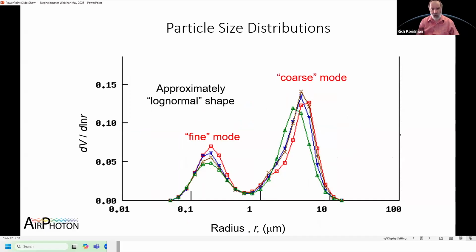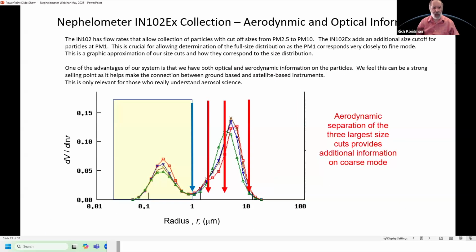What's nice about this is that if you have a size cut at PM1, that corresponds pretty well to your cutoff for your fine mode aerosol. And then we use the other size cuts to learn more information about coarse mode.